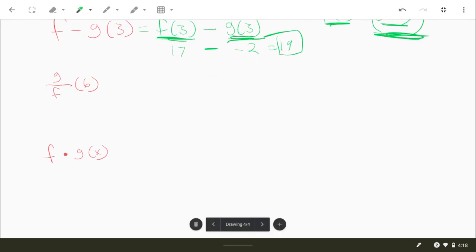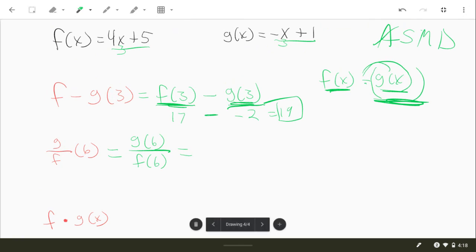All right. G divided by f of 6. So this is the same thing as g of 6 divided by f of 6. All right. G of 6, we're just going to go up there to the g function and plug in 6 for the x.